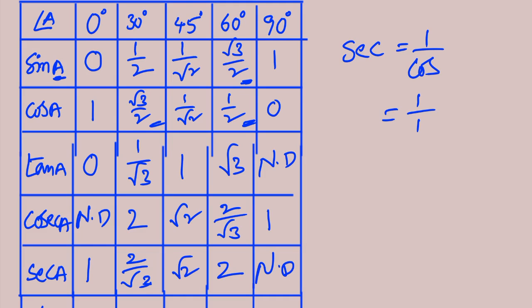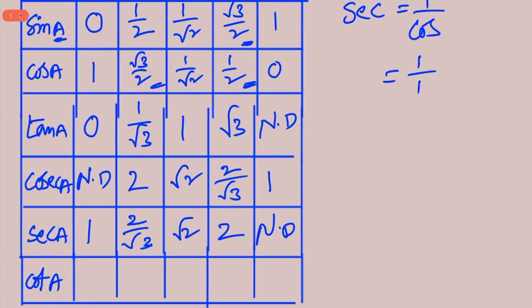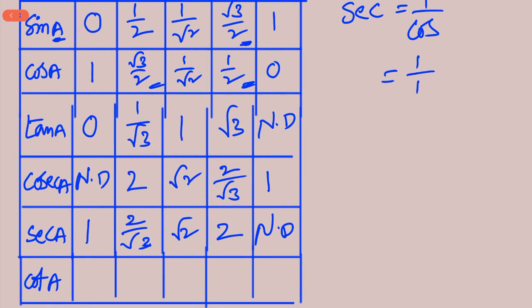And coming to cot. Cot is a reciprocal of tan. So all tan values reversed we can write for cot. If you want cot 0, it is 1 by 0, which is not defined.